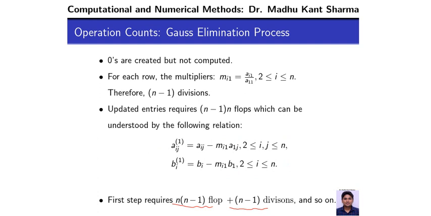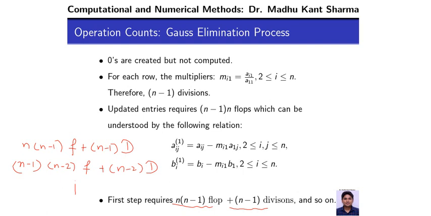So the first step has n into n minus 1 flops plus n minus 1 divisions. If I denote D for division and F for flop, for the second step you have n minus 1 into n minus 2 flops plus n minus 2 divisions, right, and so on.